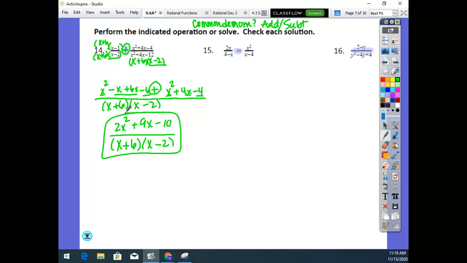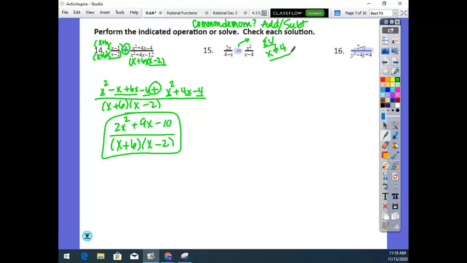All right. So a couple of ways to do 15. Notice that we've got to check for our excluded values whenever you're solving. So this is where x cannot equal 4. That also addresses domain. If a question says what's the domain, it's everything except for x equaling 4.